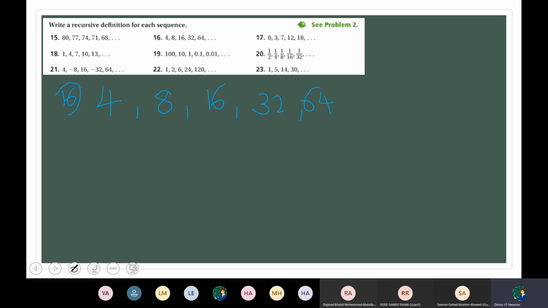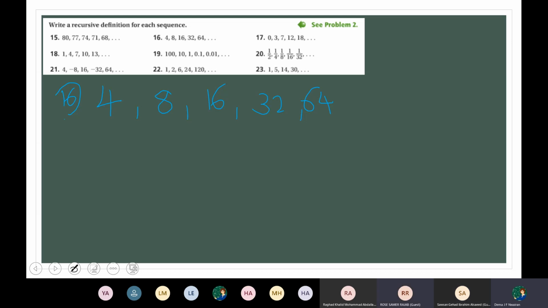If it's not, you have to try the exponential function like 2 to the power of something, or you have to try a quadratic function like n squared or n cubed, as an example. These are the formulas. Okay, I found the explicit formula for the 16. Yes, me too.